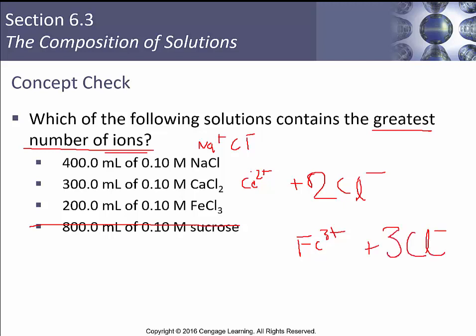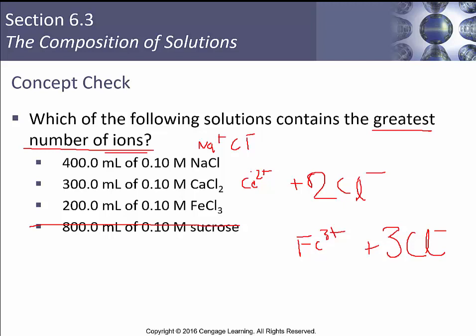So when we take this iron chloride, we need to take whatever this number of moles is and multiply it, if we're looking at the ions, by 4, because I've got 1, 2, 3, 4 things. And for this calcium chloride, I need to take this 0.1 molar and multiply it by 3, because I'm going to end up with 3 ions in solution.